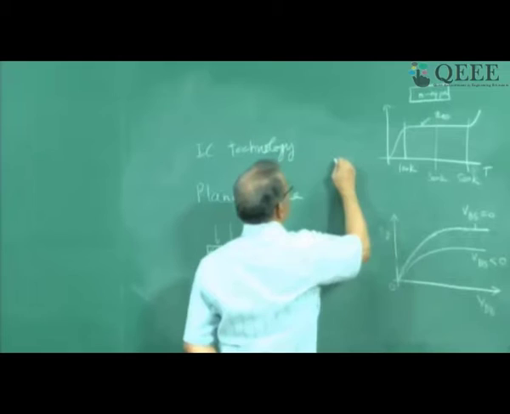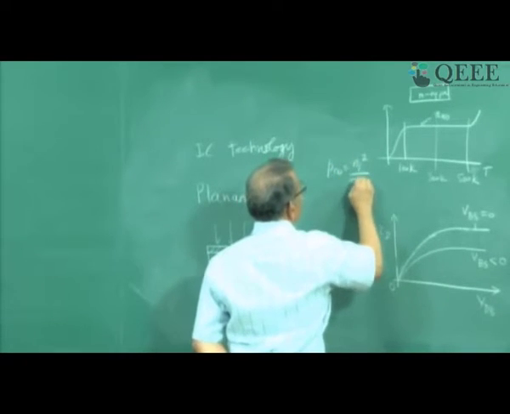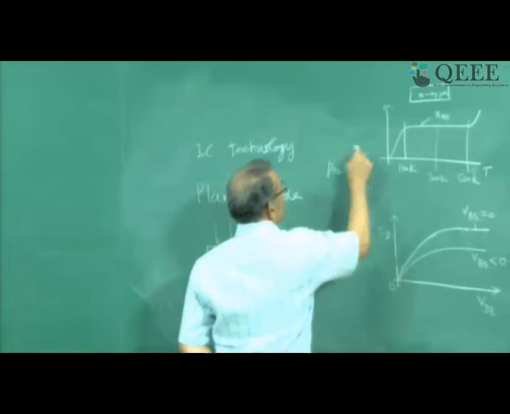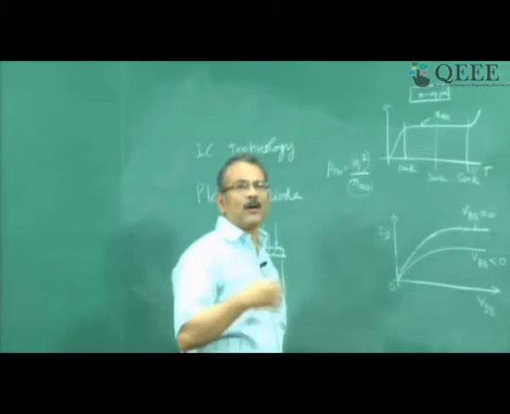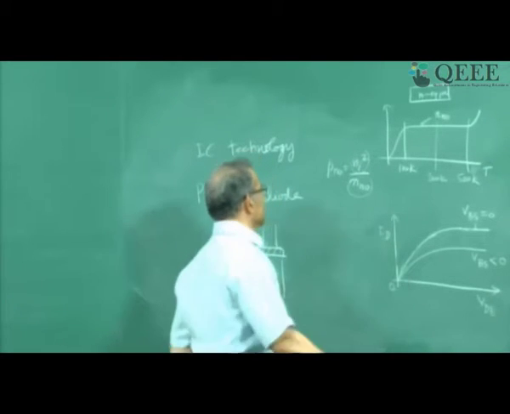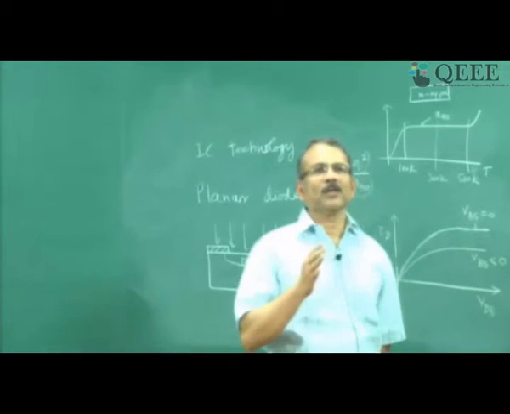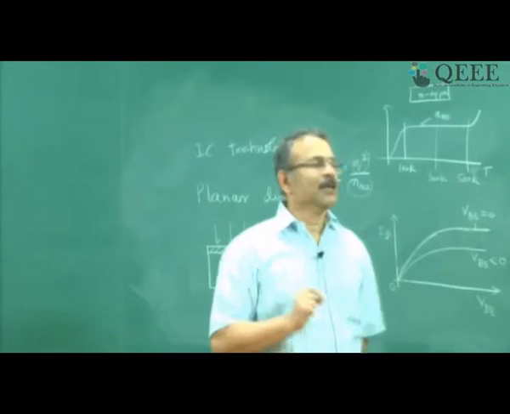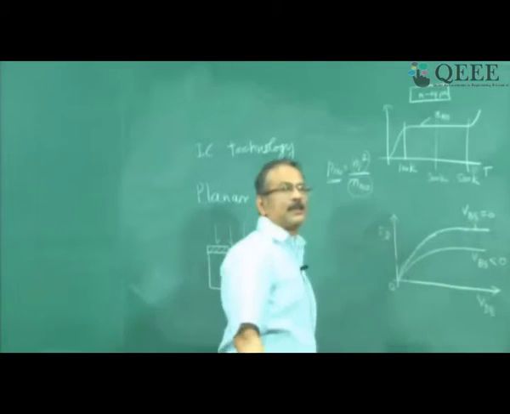The formula is Pn0 = Ni squared / Nn0. Nn0 is not changing with temperature in this range, but Ni squared changes rapidly with temperature, as we explained for an intrinsic semiconductor. So Pn0 changes a lot. In general, minority carrier concentration changes drastically with temperature, but majority carrier concentration does not change around room temperature for most practical semiconductors.